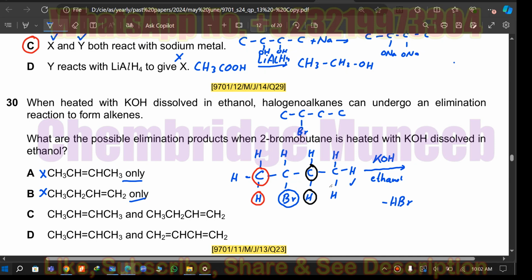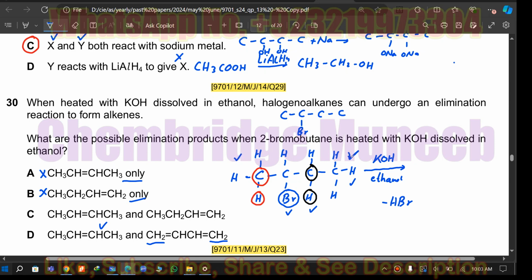It means that it has eliminated hydrogen from here and bromine from here. That is correct.